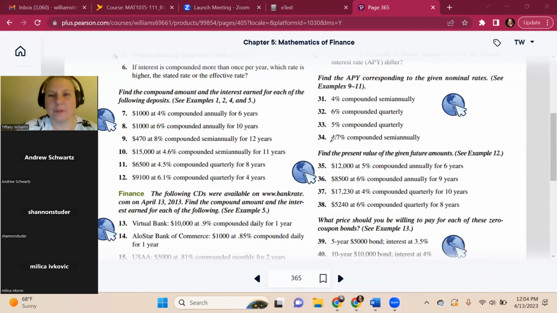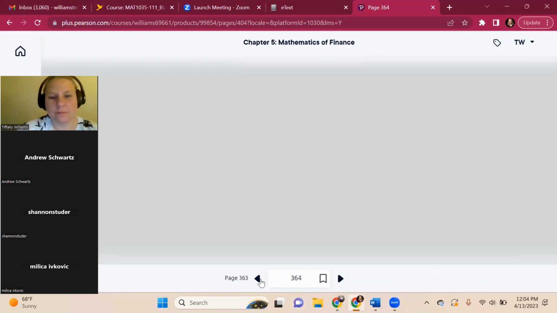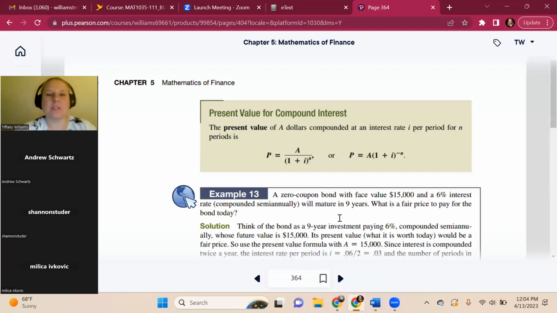Okay, let's go back to page 364. We want to talk about the present value for compound interest. The present value of A dollars compounded at an interest rate I per period for N periods, they give us this formula: P equals A divided by 1 plus I to the N, or P equals A times 1 plus I to the negative N. Remember, their I is R divided by your number of compoundings.